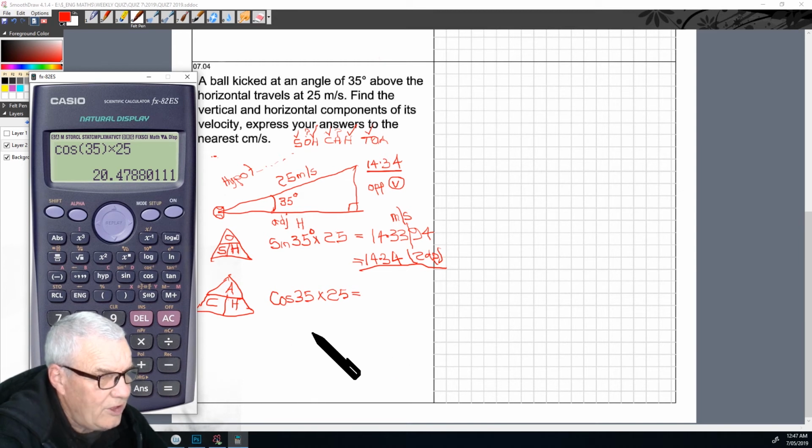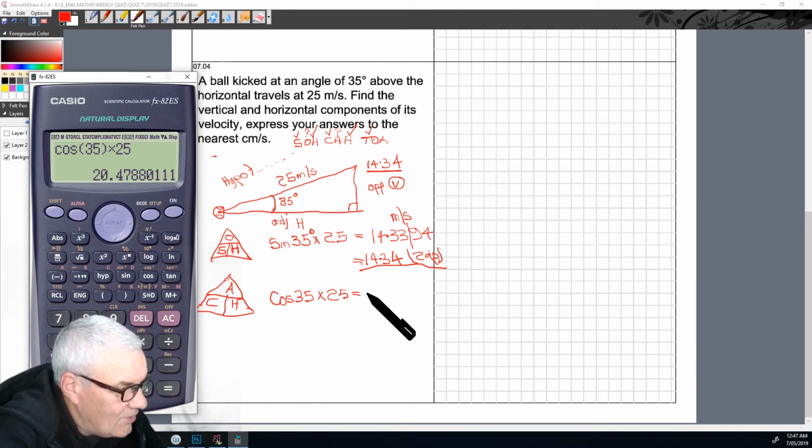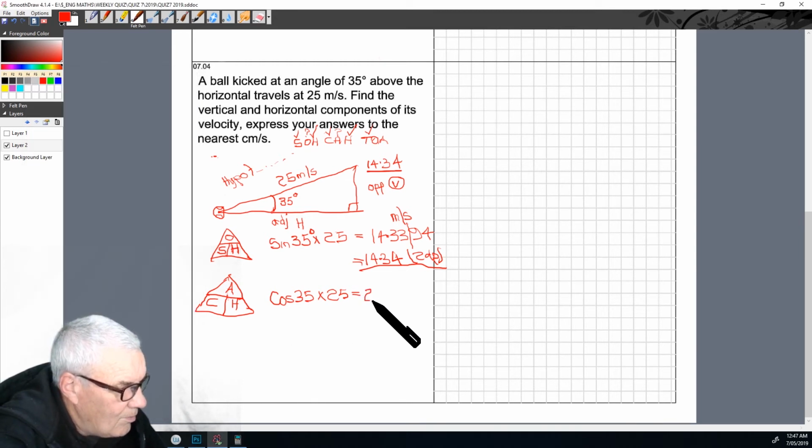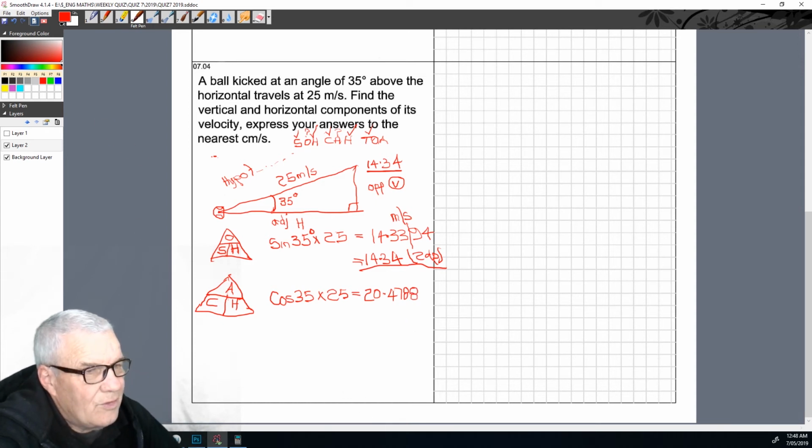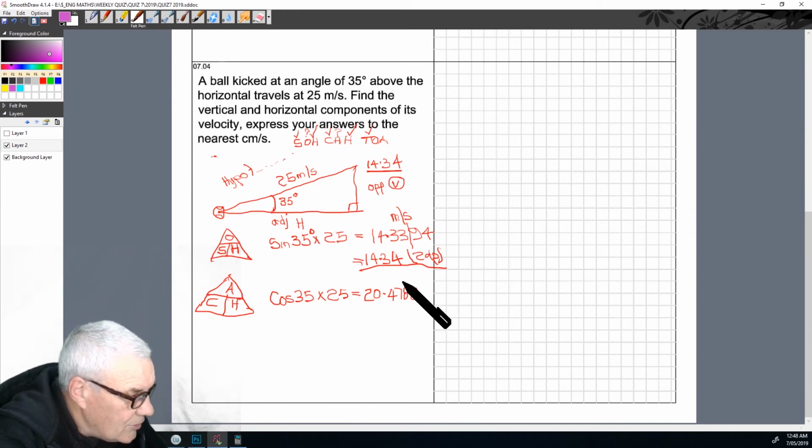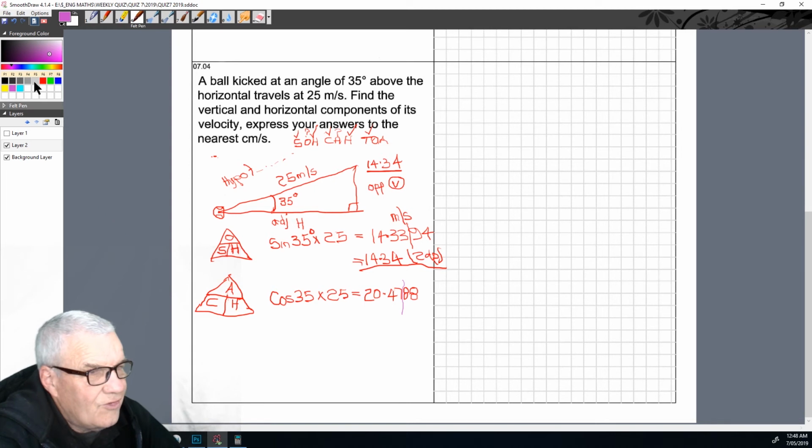Equals 20.4788. 20.478. So we want to round it at the second decimal place.